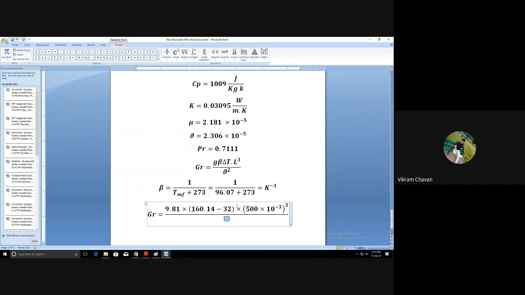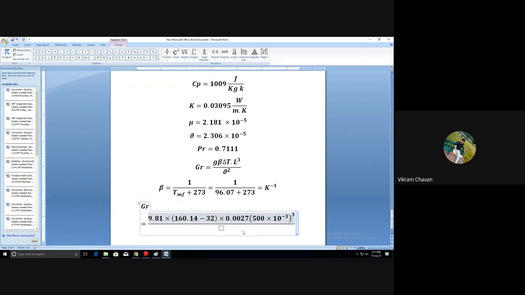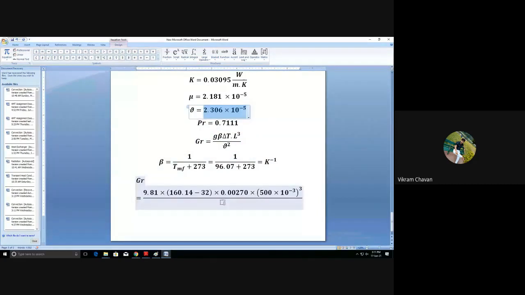So beta is 0.0027, right? Multiply by this L cube, right? And nu, that is the kinematic viscosity, is 2.306 multiplied by 10 to the power minus 5, and we have to take its square.